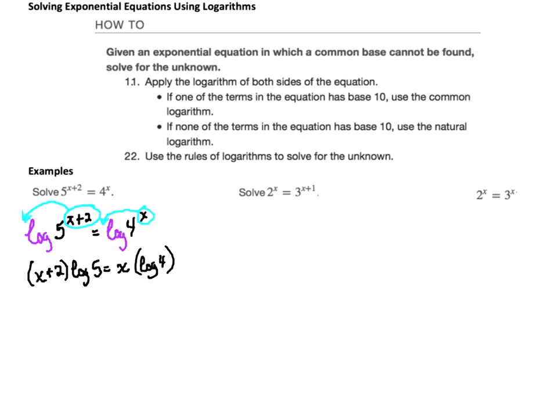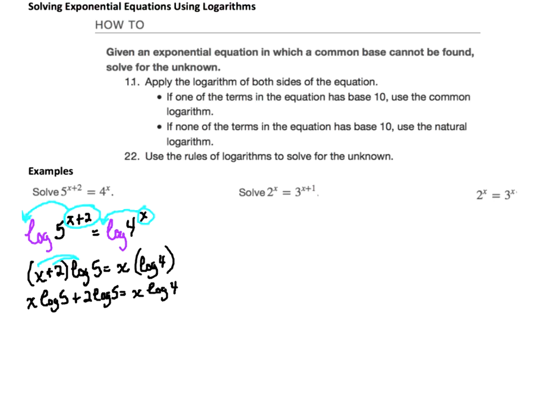But I have to be able to split off any constant terms from this. So you have to be a little bit clever with these types. You'll actually want to distribute that log of 5. And so now I have x log 5 plus 2 log 5 equals x log 4.